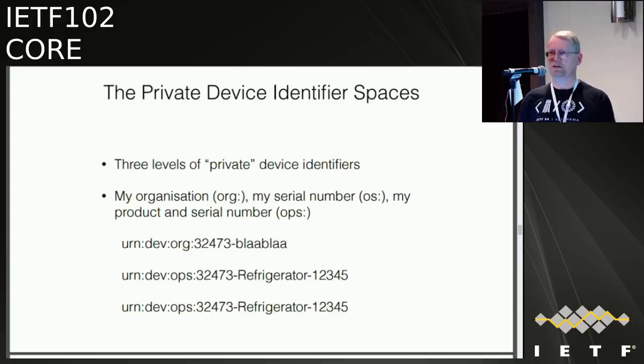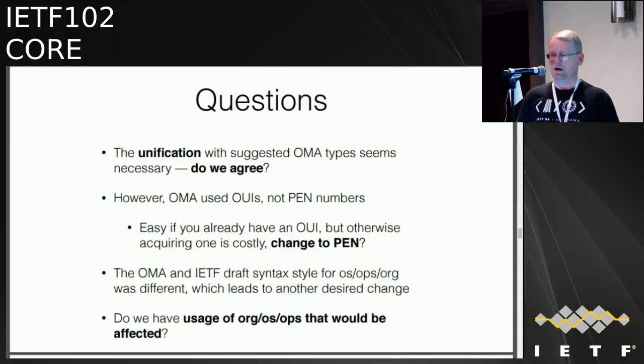And there are actually 3 levels. One is totally free format, one is assuming serial numbers in an organization, and one is serial number and product or product type. So I think it's a reasonable set of things to have for general purpose use. But there are some questions here. First of all, this is largely my own opinion, that we should try to do some alignment here and put things in the same place.